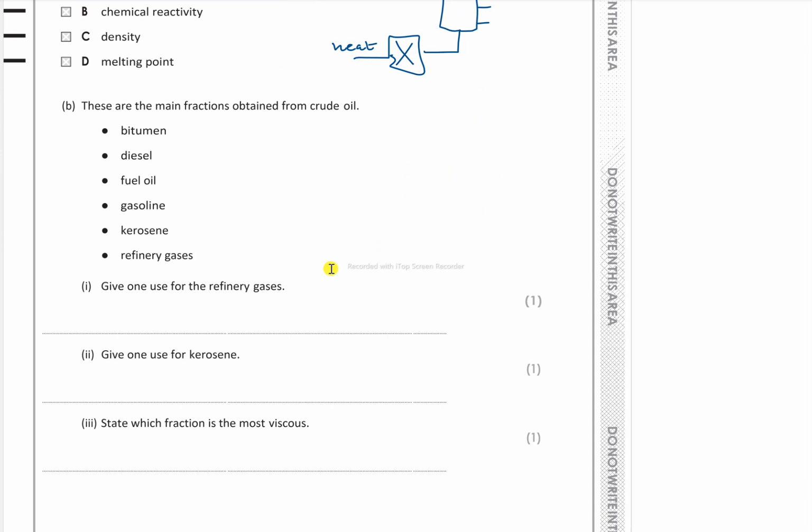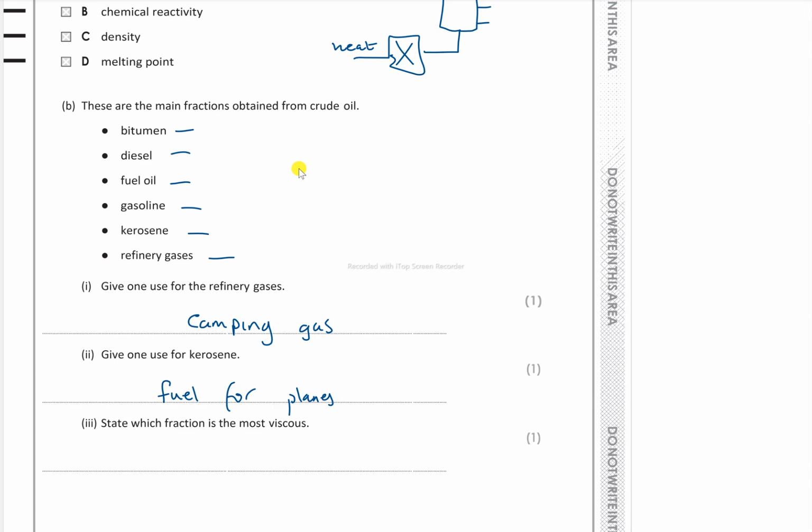Right, B. The main fractions. Right, so we've got bitumen, diesel, fuel oil, gasoline, kerosene, and refinery gases. One use for refinery gases. What's one use for refinery gases? Okay, camping gas. Kerosene is, don't put planes, fuel for planes.